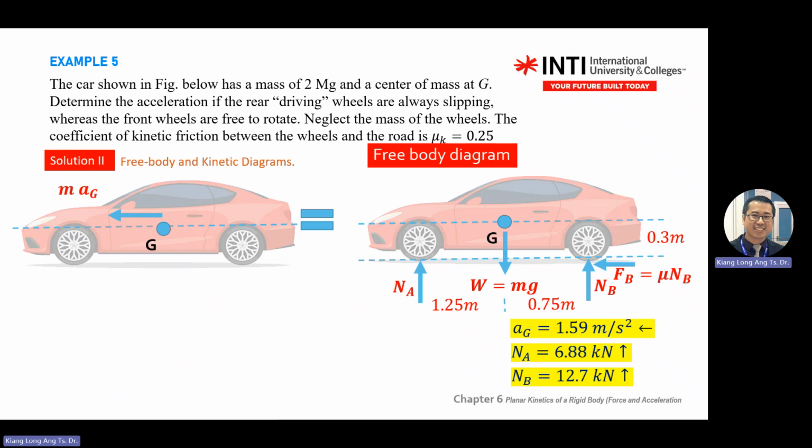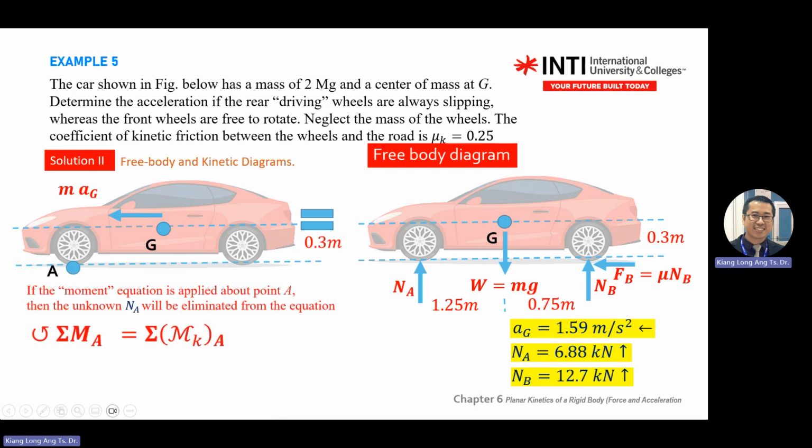Again, what is different from chapter 2? In chapter 2, you don't care what is the distance of the center of mass, you don't care about the 0.3 distance. Okay.